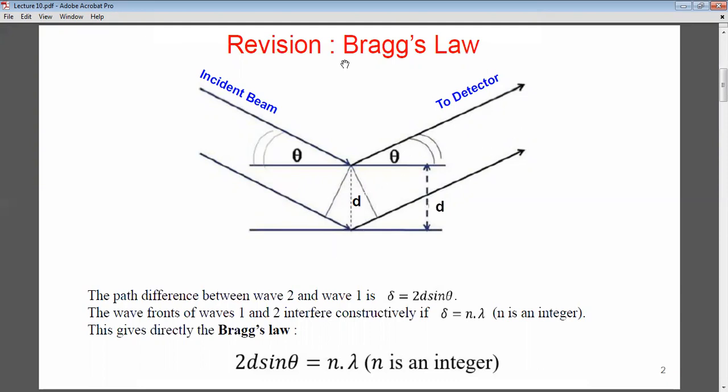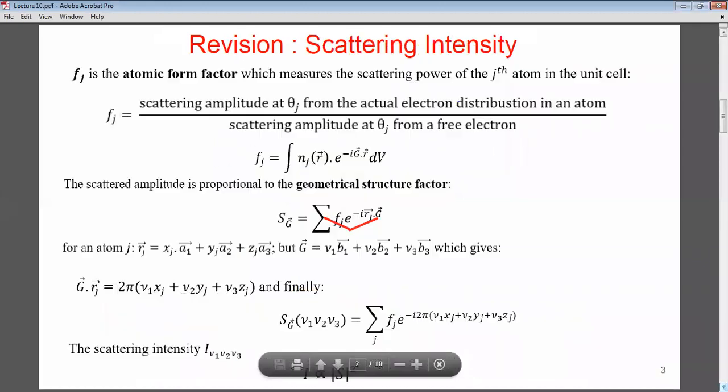And he found out that this distance over here, which he called the path difference between wave 1 and wave 2, delta, which is 2d sine theta, must be an integer number multiplied by the wavelength of the beam so that constructive interference will happen. Okay, so this is Bragg's law.